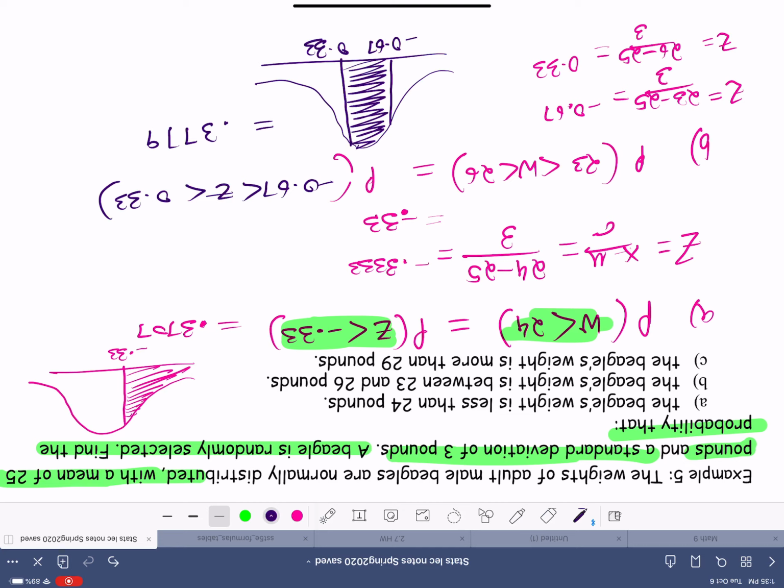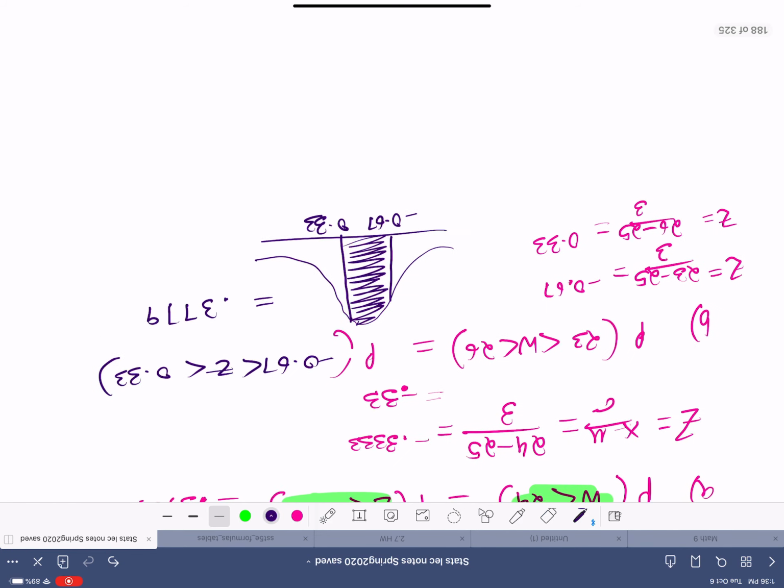If you're using StatCrunch, your answers may be slightly different because that would give you more decimal places and a more accurate answer. These are rounded to 4 decimal places. That is about a 37 or 38% chance that if you randomly select a beagle, its weight would fall between 23 pounds and 26 pounds. That's how we would interpret this solution.